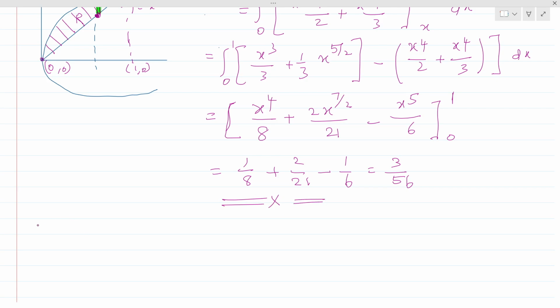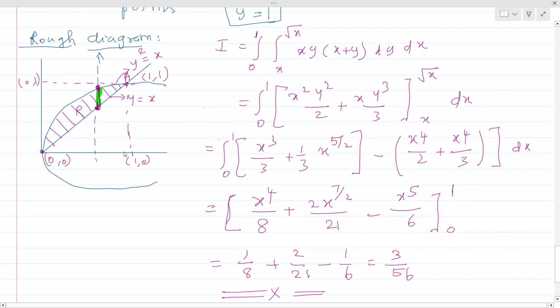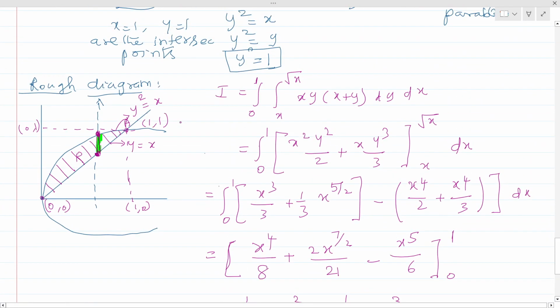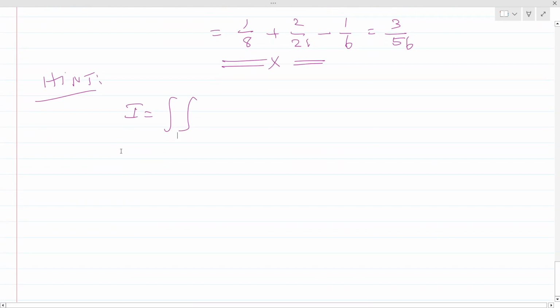Is it not? So here I want to give some hint. In case you are changing the order of the double integral, what happens? I equals the double integral of xy into x plus y, written here as dx dy.